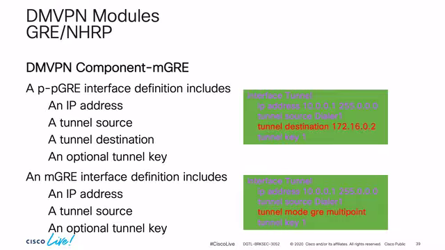As far as the DMVPN is concerned, the component which makes it most easy to scale as far as configuration is concerned is the multipoint GRE tunnel interface. So let's delve deeper into it.